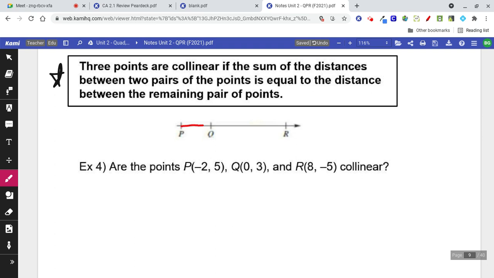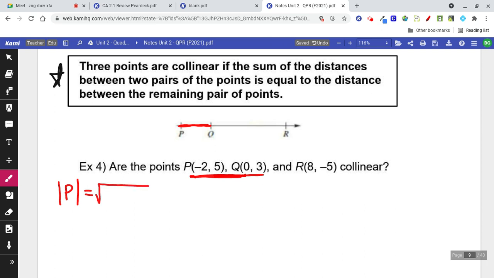First of all, we've got PQ. We want to find the distance between P and Q. So look at P and Q. That's these two. And again, we're going to find that distance. So let's call it absolute value of P. Absolute value usually denotes distance.